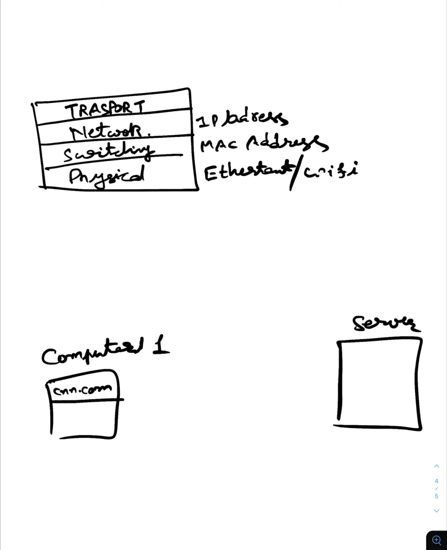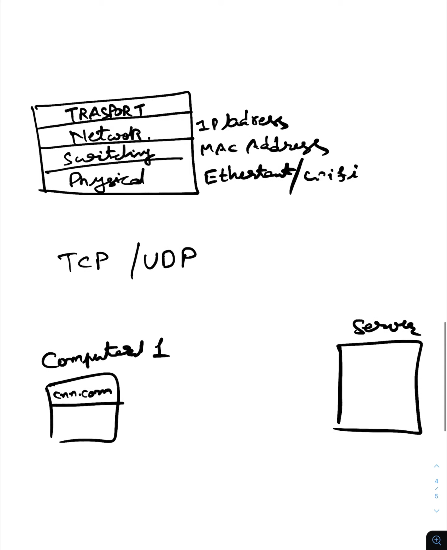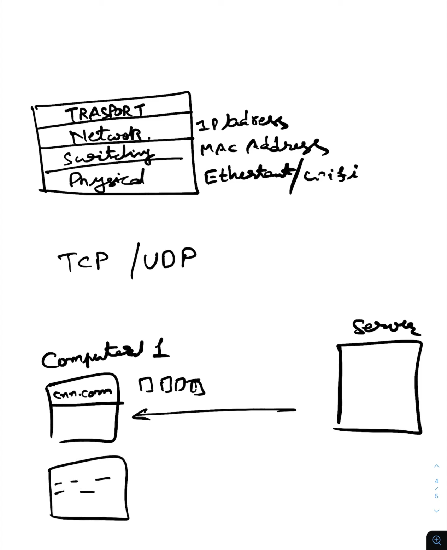The two main protocols of the transport layer are TCP and UDP. Let me explain what TCP is. When you're requesting data, as I told you before, it comes in small packets, and all the small packets combine to give you the news from CNN.com. Let me explain the TCP protocol in a simple way.